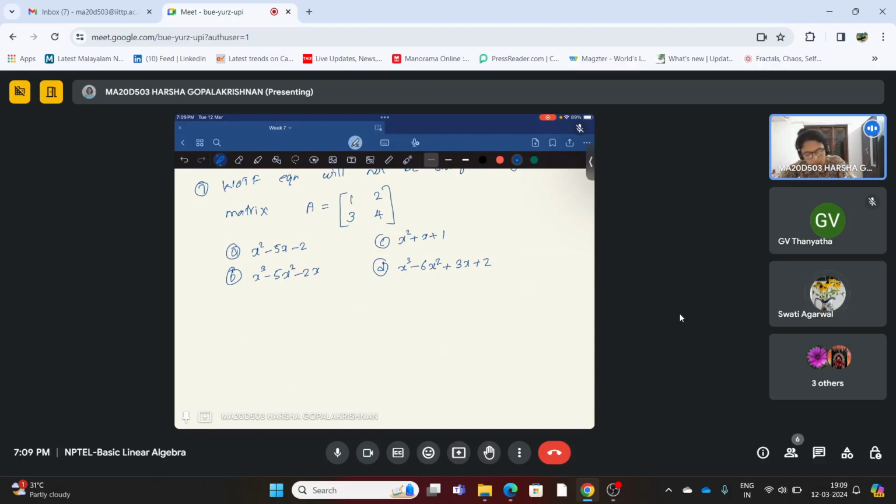That means A squared minus 5A minus 2I should be equal to 0. If it is true, then A satisfies option A. Now, how can we approach this problem without finding A squared?